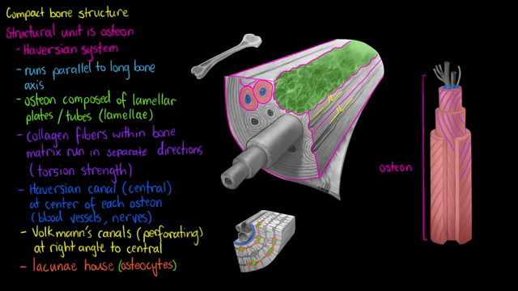Now, these osteocytes, being live cells, are also going to have their own cellular waste, and that's why we have these little tunnels in between the lacunae called the canaliculi.